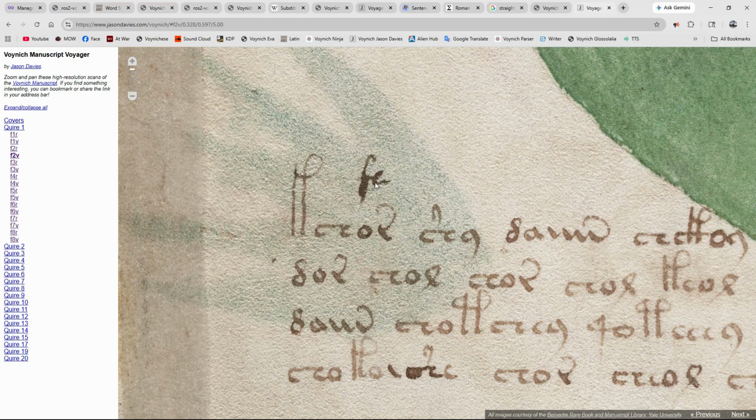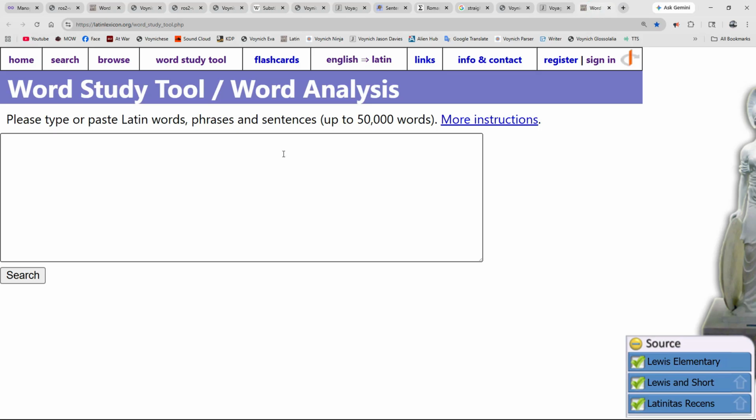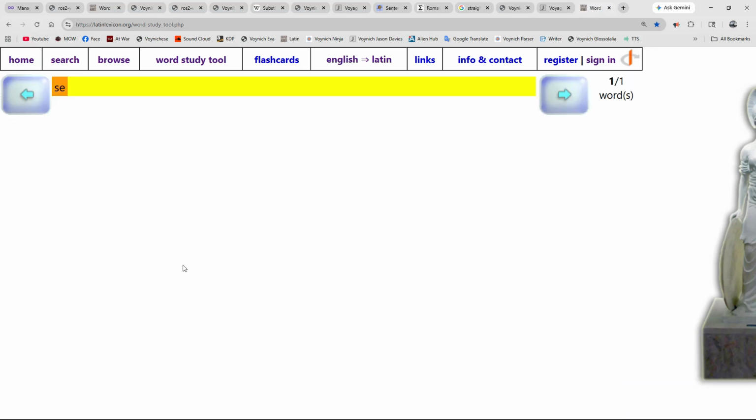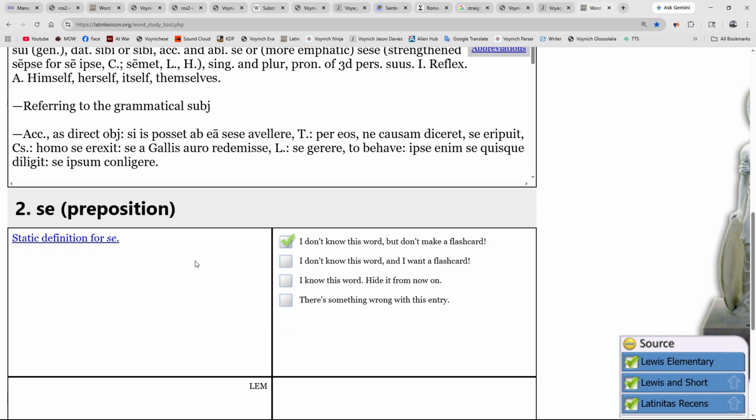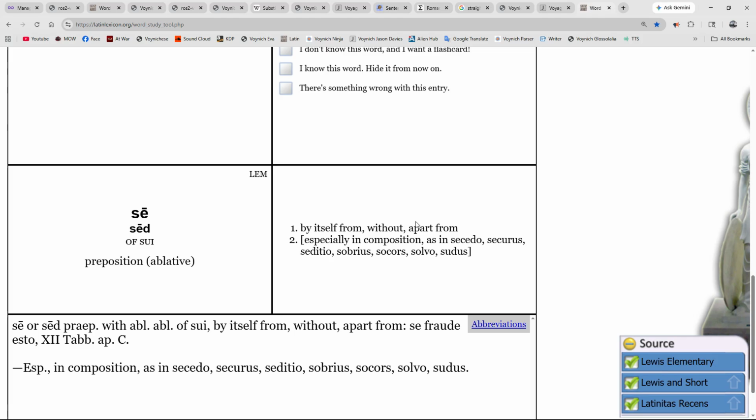So this is an S and this is an E. So that's "se". And "se" in Latin, this is one of the reasons why I chose Latin, means apart from.